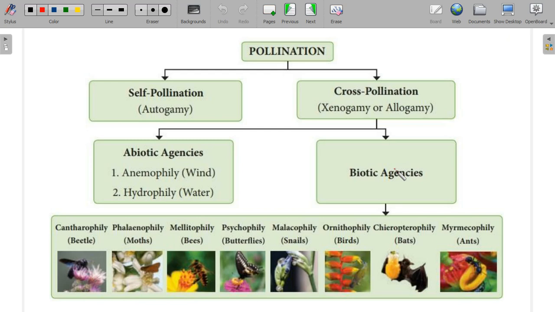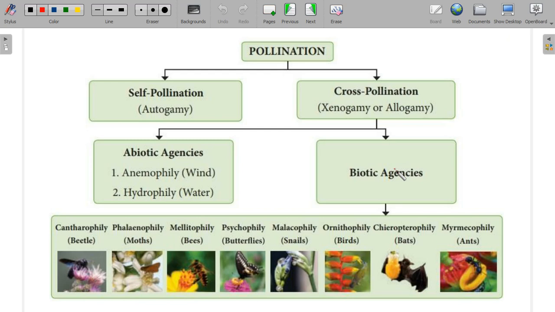That means there are some adaptations in the flower, because we're not talking about the whole plant, we're talking about the flower, the reproductive part. The flower will undergo some modifications. Modifications are a necessary part to bring about pollination in the case of the living mode of transfer, that is, biotic agents of transfer.